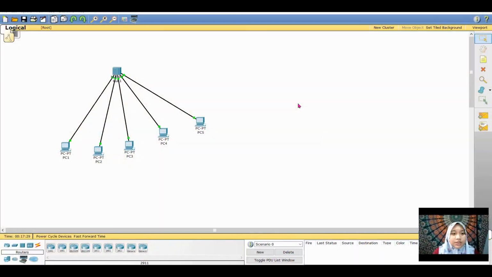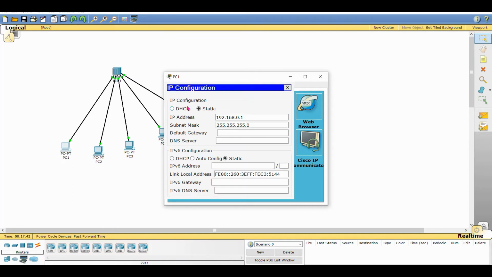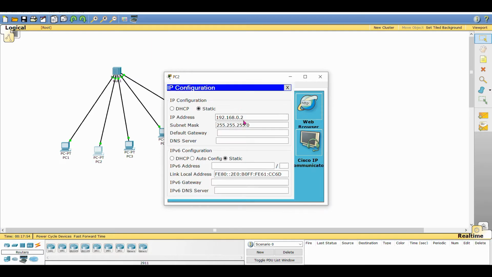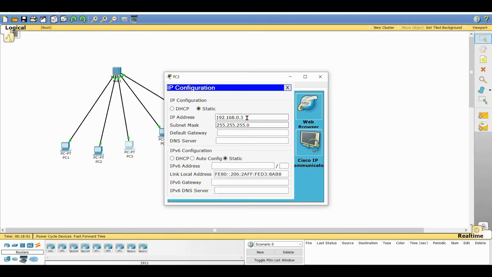Okay, for the simulation, I explain the connection to the hub: PC1, PC2, PC3, PC4, and PC5. For the IP address of PC1, we set it to 1. For PC2, the IP address is the same and we change it to 2. For PC3, the same and we change it to 3.